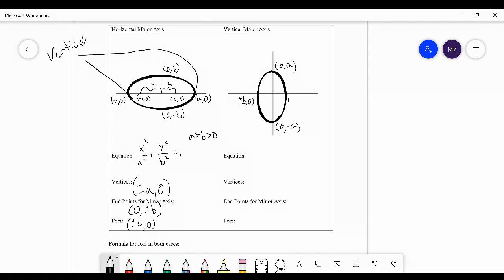Then our two foci: this one here is 0 comma c, and this one is 0 comma negative c. The distance is c.